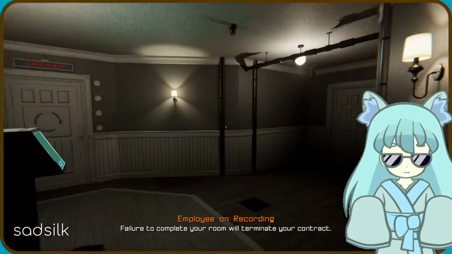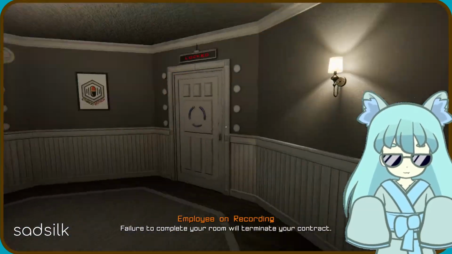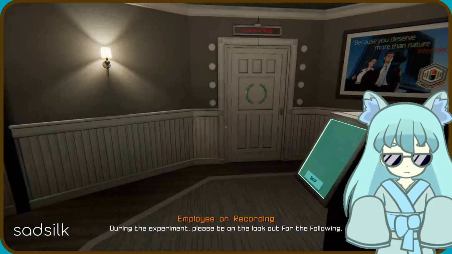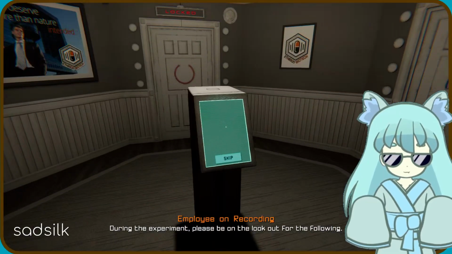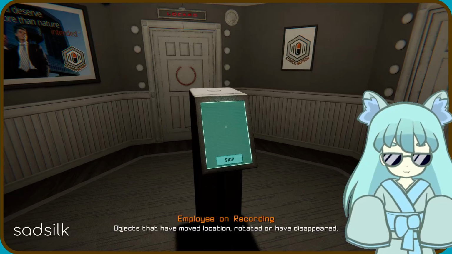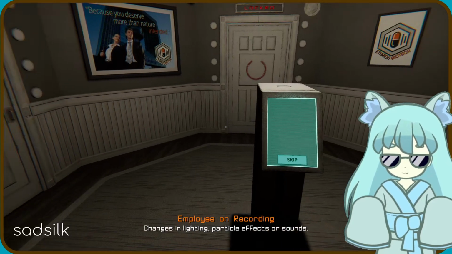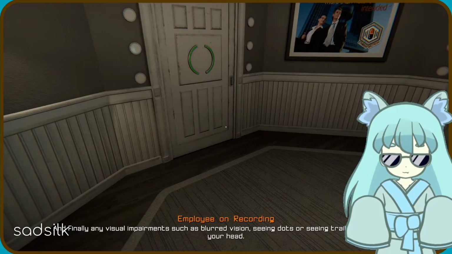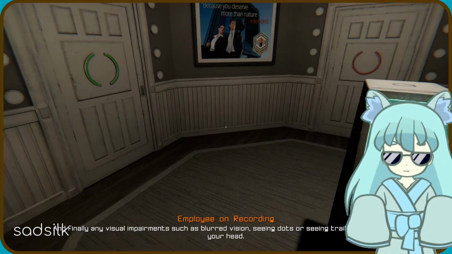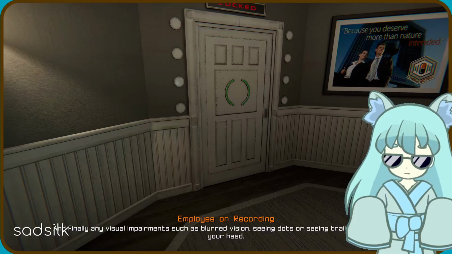Failure to complete your room will terminate your contract. During the experiment, please be on the lookout for the following: objects that are moved location, rotated, or have disappeared, new objects, scenery, or atmospheric differences, changes in lighting, particle effects, or sounds, and finally any visual impairments such as blurred vision, seeing dots, or seeing trails when turning your head.